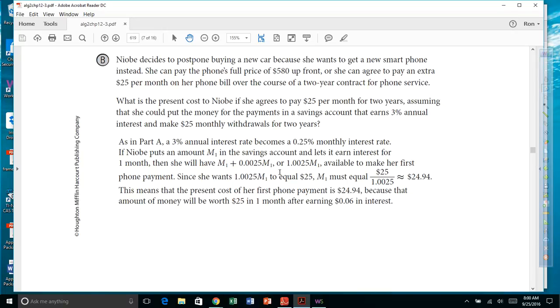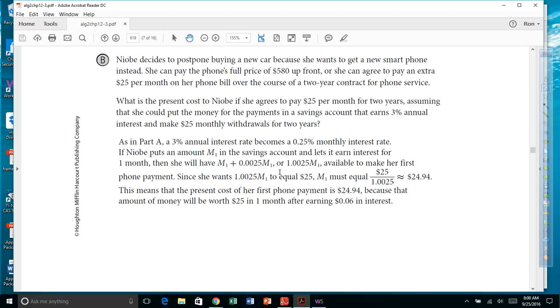What is the present cost to Niobe if she agrees to pay $25 per month for 2 years, assuming that she could put the money for the payments in a savings account that earns 3% annual interest rate and make $25 monthly withdrawals for 2 years?